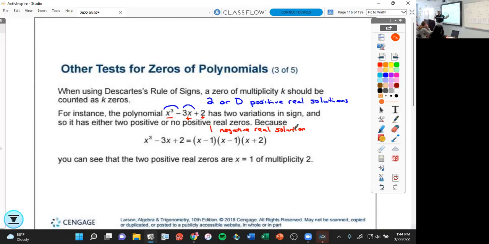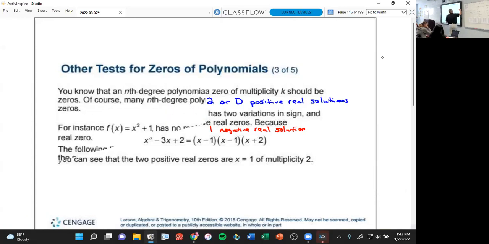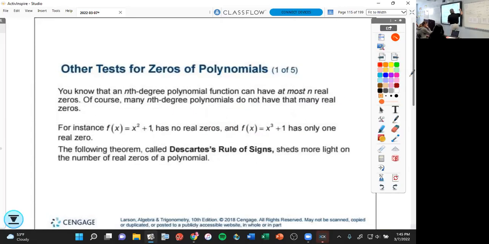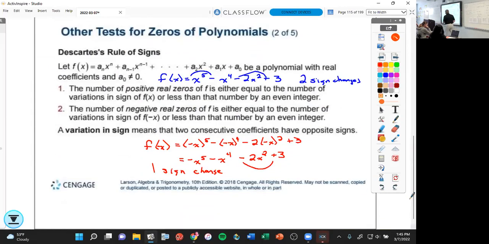That's one sign change. Okay. And the other one is positive, then negative, then positive.